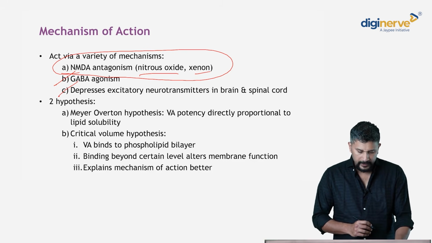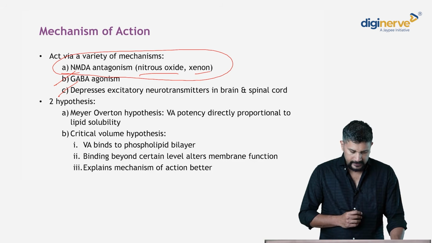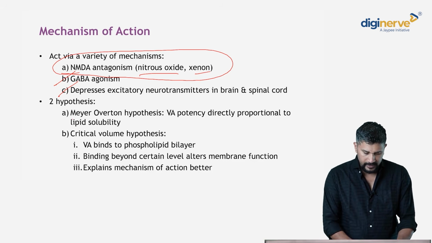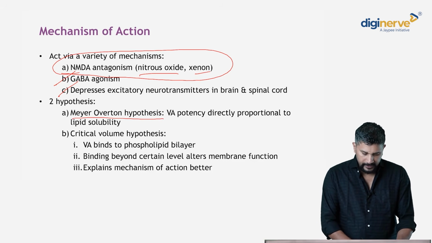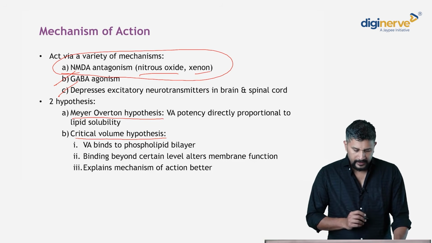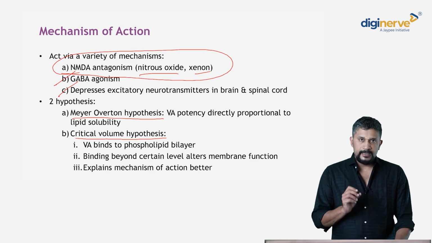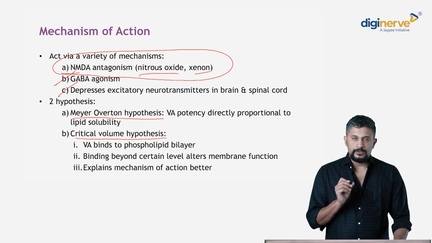So again, you have two hypotheses to explain the way these volatile agents act. You have the Mayer-Overton hypothesis and you have the critical volume hypothesis. Mayer-Overton hypothesis says that the volatile anesthetic potency is directly proportional to its lipid solubility.